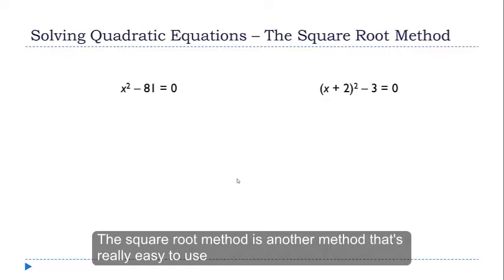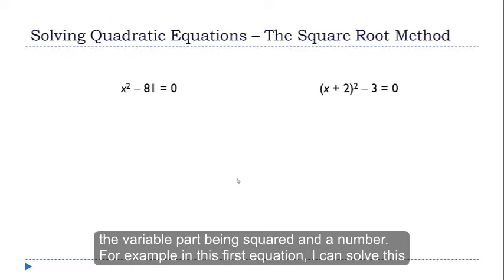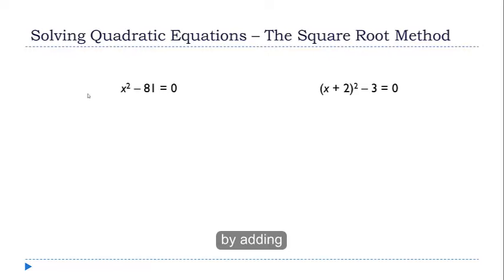Now, the square root method is another method that's really easy to use, but that only works in the special case where we have the variable part being squared and a number. So, for example, in this first equation, I can solve this by adding 81 to both sides.